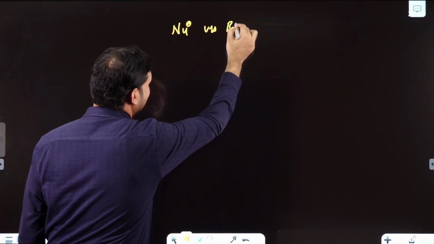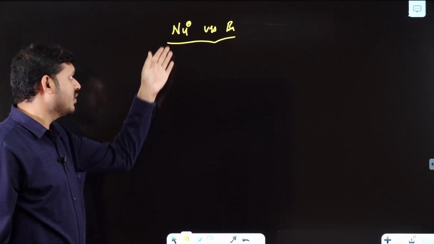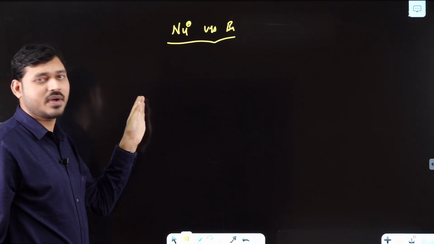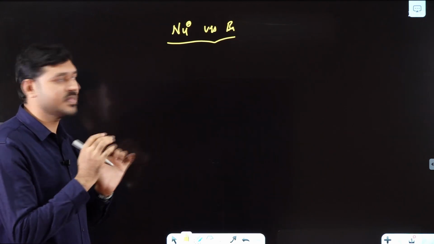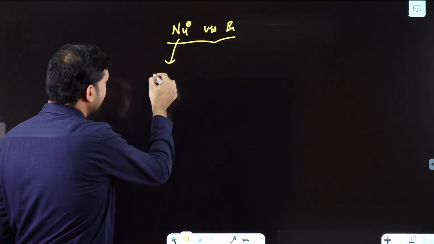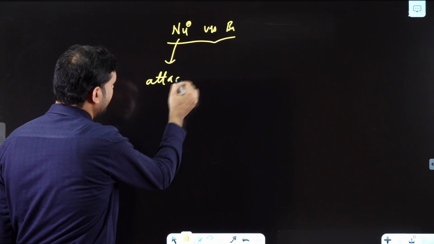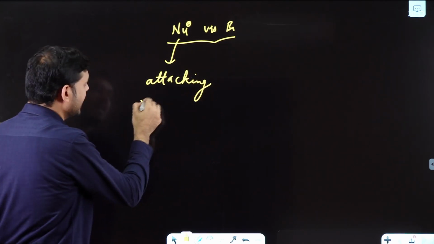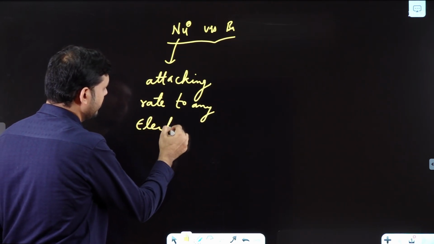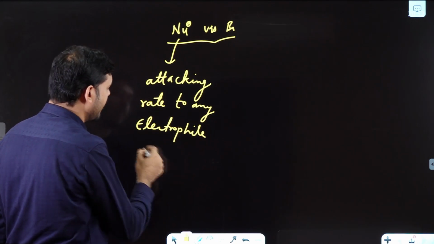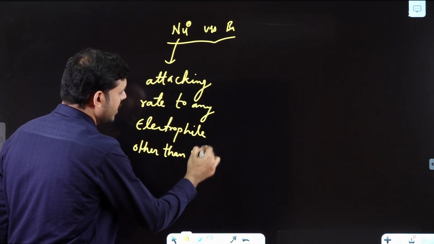Nucleophilicity versus basicity. What is the basic difference? As we know, it donates to an electrophile, it donates to H+, right? So the basic difference is that nucleophilicity is about the attacking rate to any electrophile other than H+.